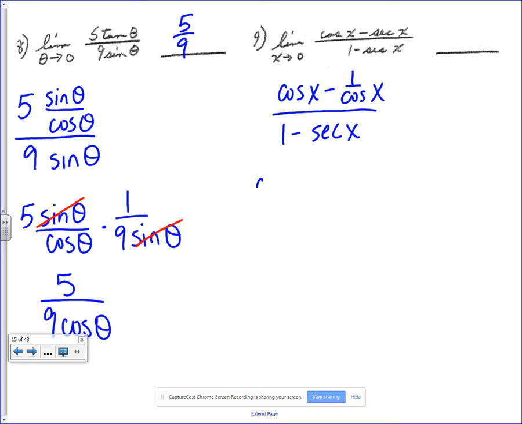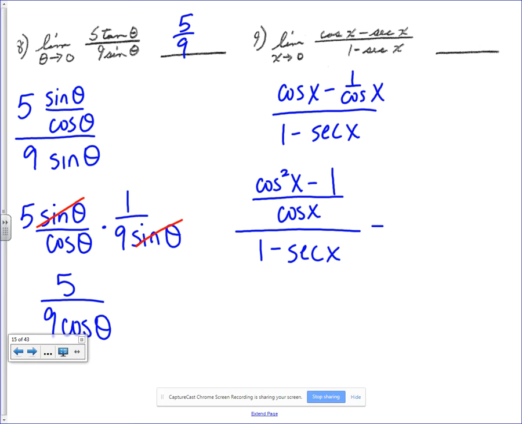Get a common denominator. Looks like that. Multiply by the reciprocal.